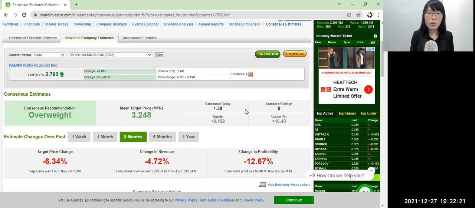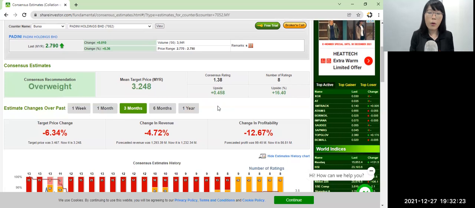And there is also 0.458 upside given. All of the information was gathered from the research houses, so it is combined all together. So you still can choose estimate changes over the past 1 month, 3 months, 6 months, or 1 year.